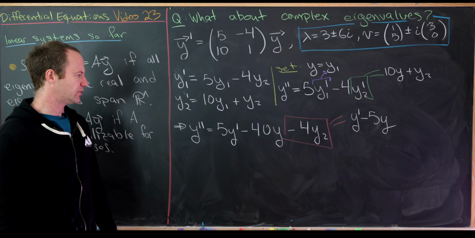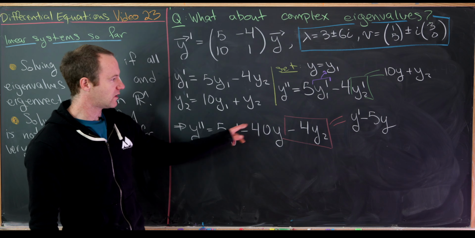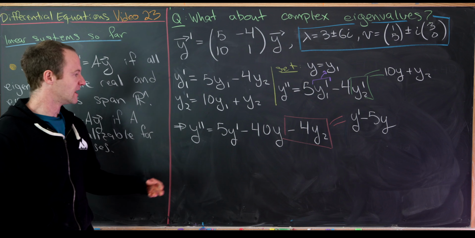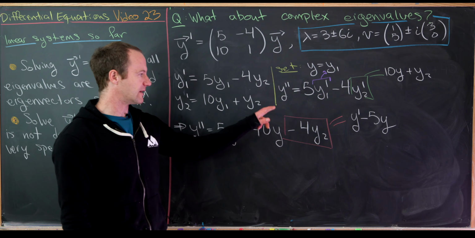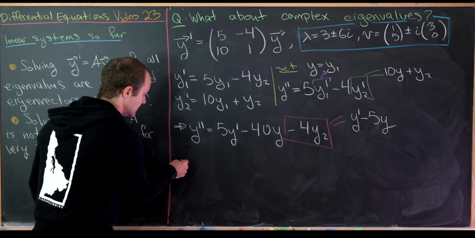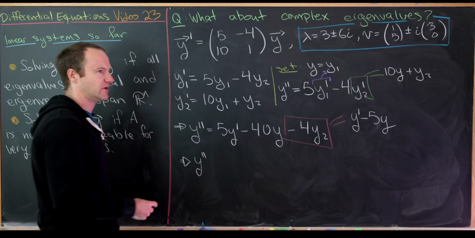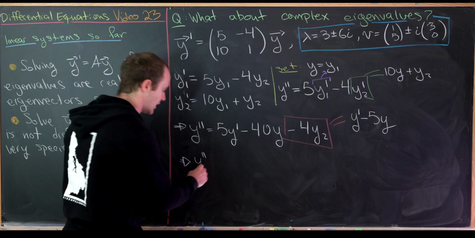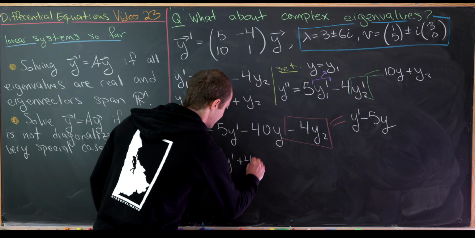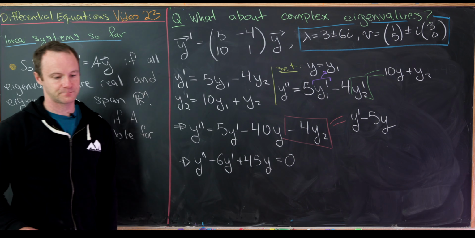But now we can start putting some things together. We have 5y prime plus y prime. That'll give us 6y prime. And then we've got negative 40y minus 5y. That'll give us negative 45y. But that means that we can move everything over to put it in a more standard form, and we'll have y double prime minus 6y prime plus 45y equals 0.